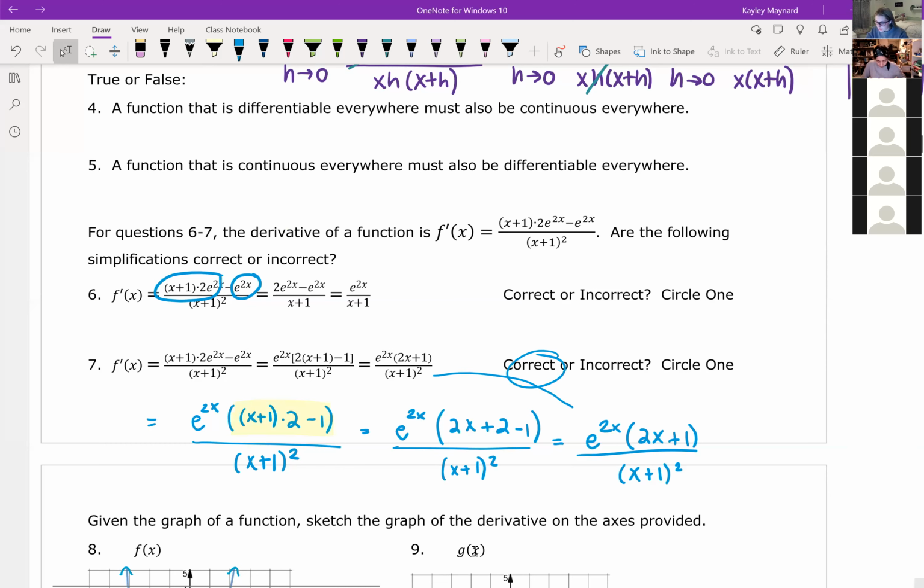Okay, so anyone have any questions on 6 and 7? Okay, so I just did 7. Good. I got 2 questions on drawing derivatives, so that's good.